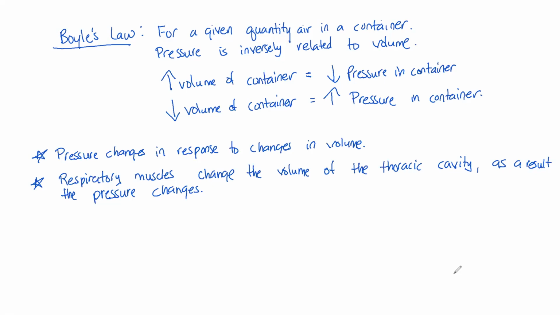Okay. All right, what we'll do now is look at how those gradients are created and how they differ for inspiration and expiration. So it's a view of what we call pulmonary ventilation here.